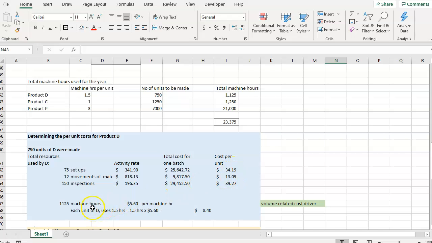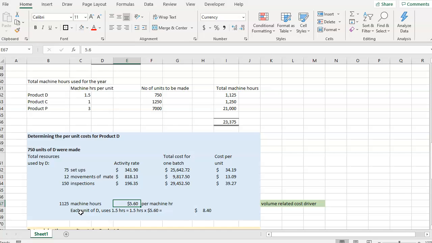The machine-related cost, however, is a volume-related cost driver, meaning that it changes proportionately to the amount of units made. Now, we worked out that it was $5.60 for every machine hour used. But we know that each unit of D uses 1.5 machine hours.